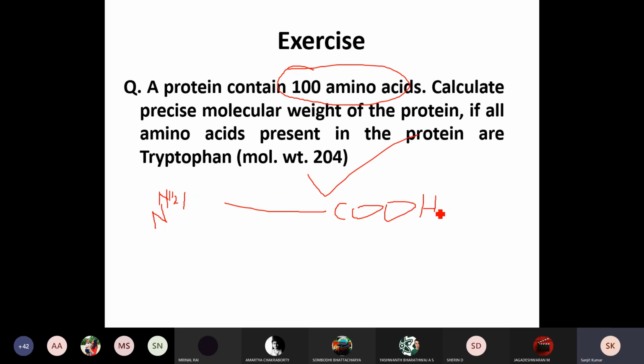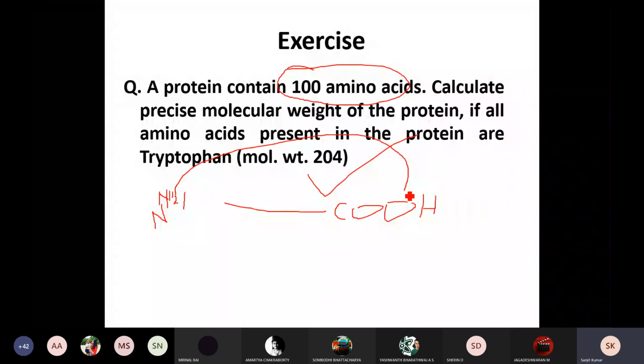First try to understand: there are 100 amino acids, there is an N terminal and a C terminal. You know the protein has an N terminal and a C terminal? If it were a circular peptide, then the NH2 of amino acid 1 and the COOH of amino acid 100 would make a peptide bond.